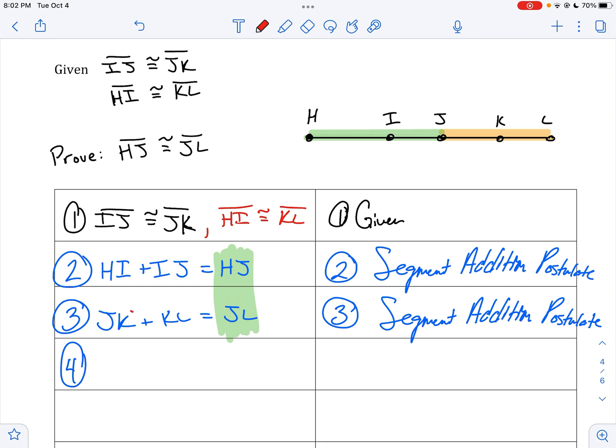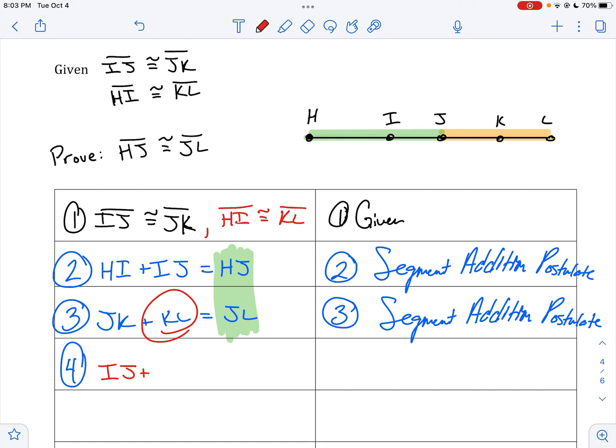So I would really like JK and KL to change. I'd like those to really say HI and IJ. So I'd like JK to be gone. But if I look at my given statement, what could I substitute in? What could I write in instead of JK? Well, instead of JK, I could write IJ. Okay, so that's going to be gone.